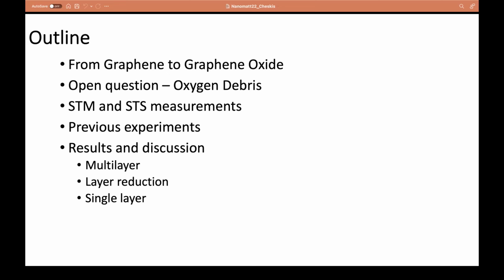And after that, I will talk about an open question regarding oxygen debris that organizes during the process of graphene oxide production. And I'll discuss STM and STS measurements, which we used to characterize our sample that was deposited on a gold substrate, and show the previous experiments and show our results, discuss and conclude my talk.